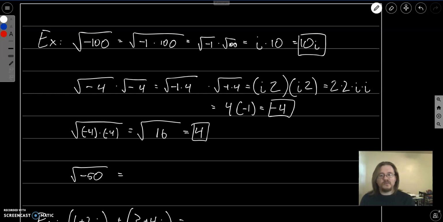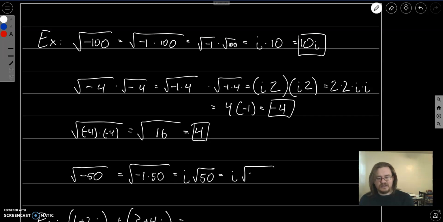And then lastly, we might have to simplify some things as well. So for instance, if we have the square root of negative 50, this is going to be the square root of negative 1 times 50. The square root of negative 1 is i, and then we take this times the square root of 50. But 50 can be simplified a bit. 50 is also, for instance, 25 times 2.